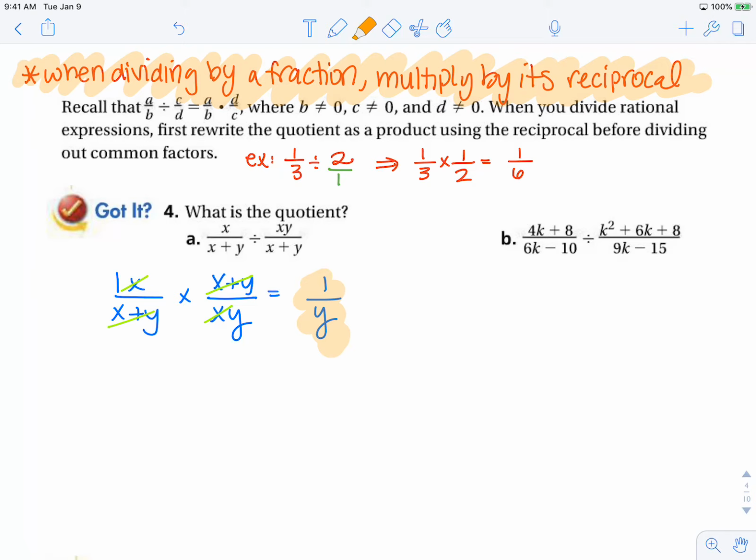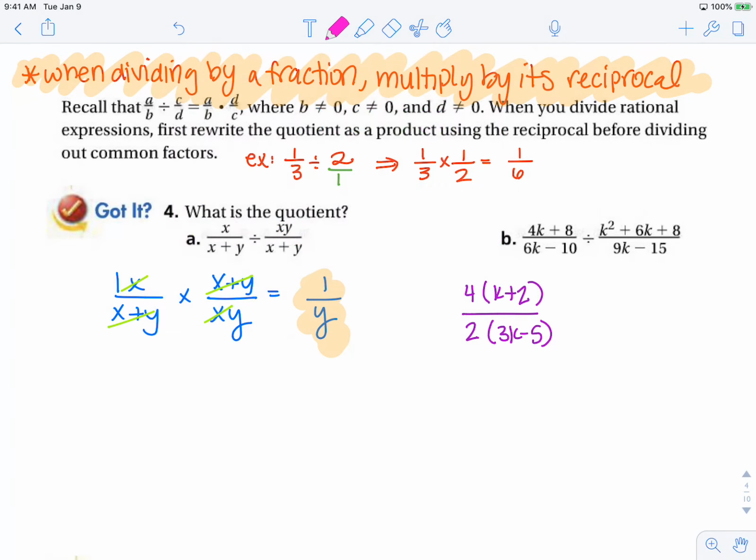So once again, we have a quotient we're trying to simplify, and I am going to go ahead and factor when I flip. So I'm going to keep my first fraction, but that numerator factors to be 4 times k plus 2, and the denominator factors to be 2 times 3k minus 5.